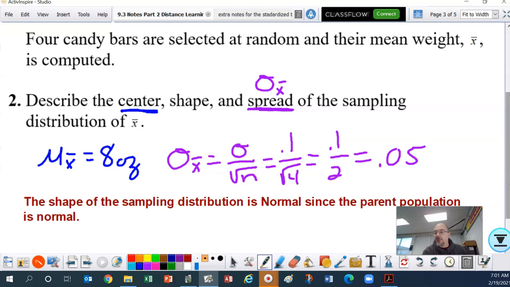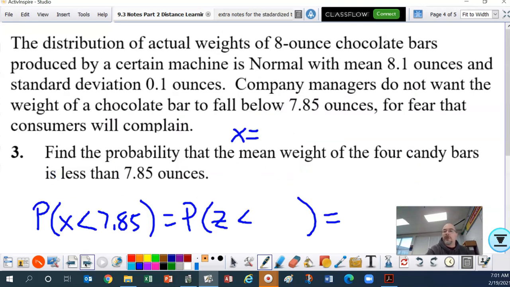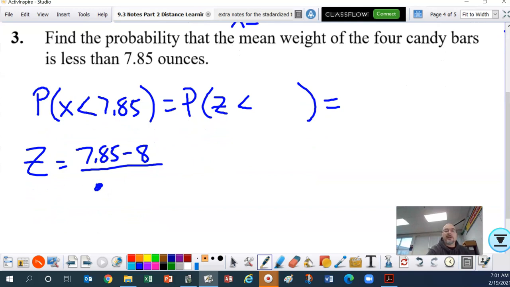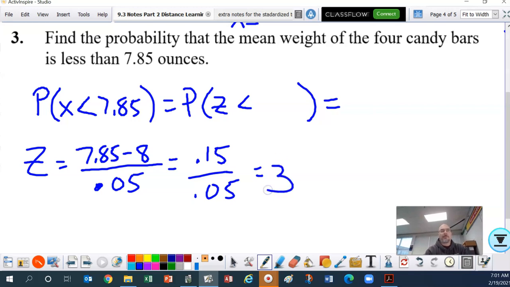The standard deviation of a sample of 4 is 0.05, so we're going to put 0.05 down here. That's going to be 0.15 divided by 0.05. Since I made a mistake on the first one at the beginning, I'm going to double check this one. 0.15 divided by 0.05, that's a 3.